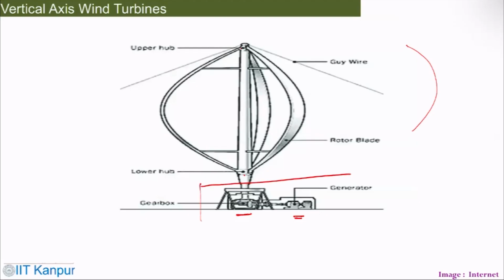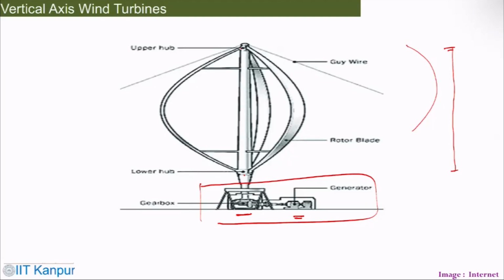So this is your small basement cum foundation, then only one shaft. The height could be as high as a horizontal axis wind turbine, but usually not that much, because these are for small power generation purposes, but they are quite mobile. They can be transported easily and installed to cater to small energy demand or supply requirements.